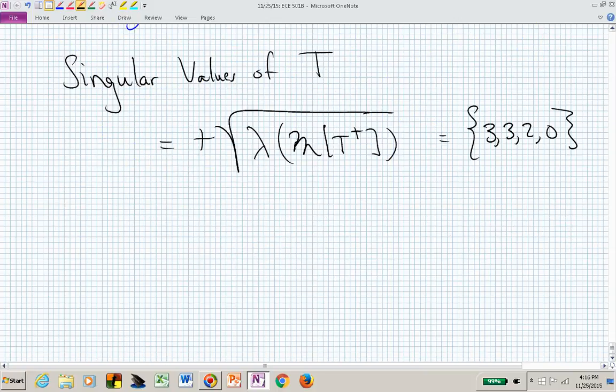I might just comment before we go a little bit further and introduce the singular value decomposition. We've already played a lot with this linear map.